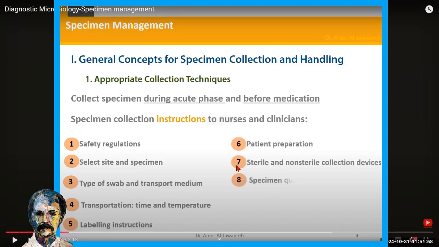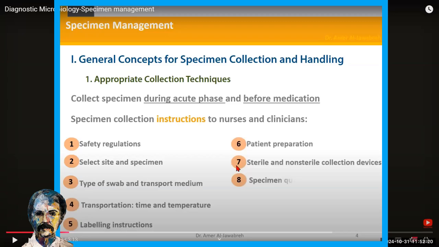So very important is to prepare sterile and non-sterile collection devices. Let's say you are going to make a urine culture, which is the most common sample. You have to give the patient a sterile urine cup, not the normal urine cup. A sterile one, not opened.